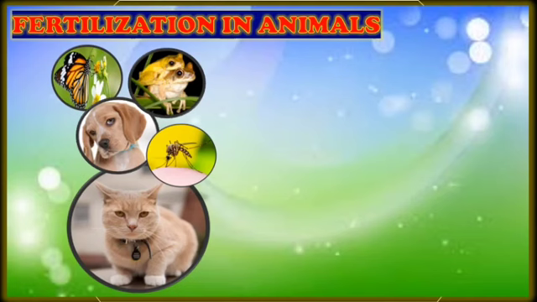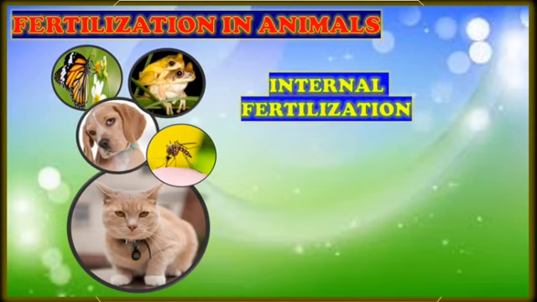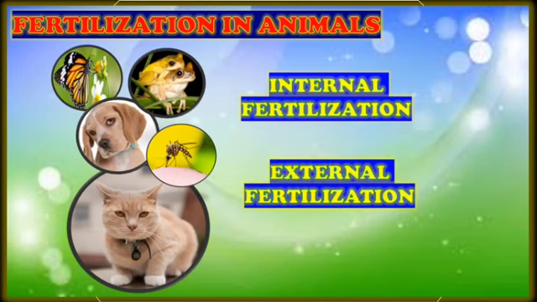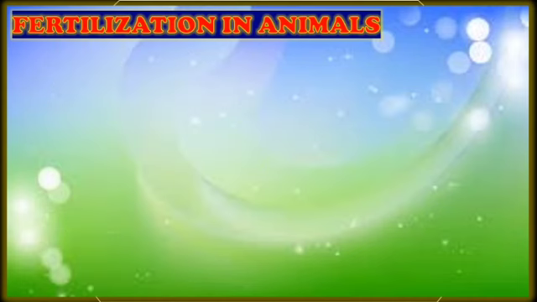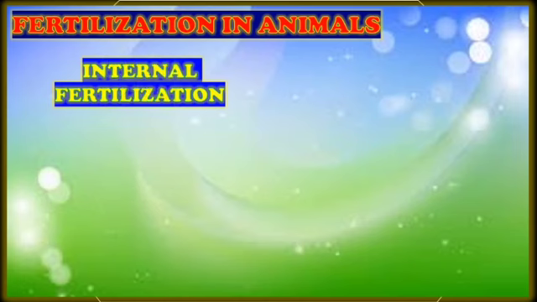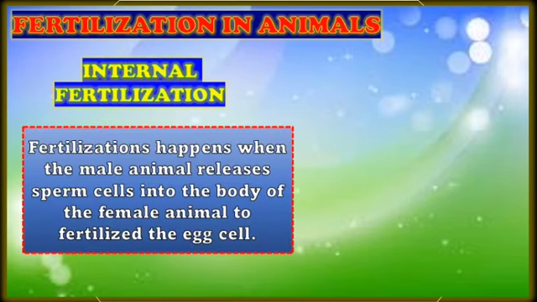So fertilization in animals is divided into two parts. We have internal fertilization and external fertilization. Let's now move on to how these two differ.